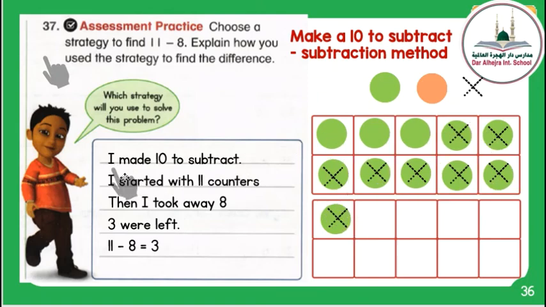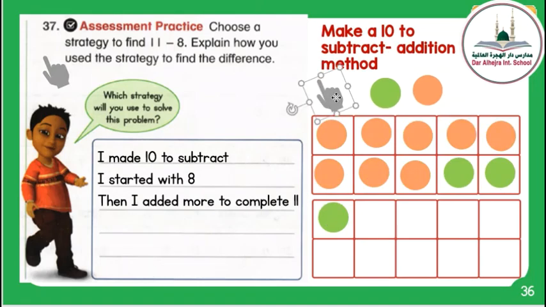We can explain here I made 10 to subtract, that is first step we removed just 1 and we made a complete 10. So this is the strategy, making a 10 to subtract, and we have to tell that I started with 11 counters and then I took away 8 counters, and finally I come to know that there were only 3 left. So 11 minus 8 equals 3.